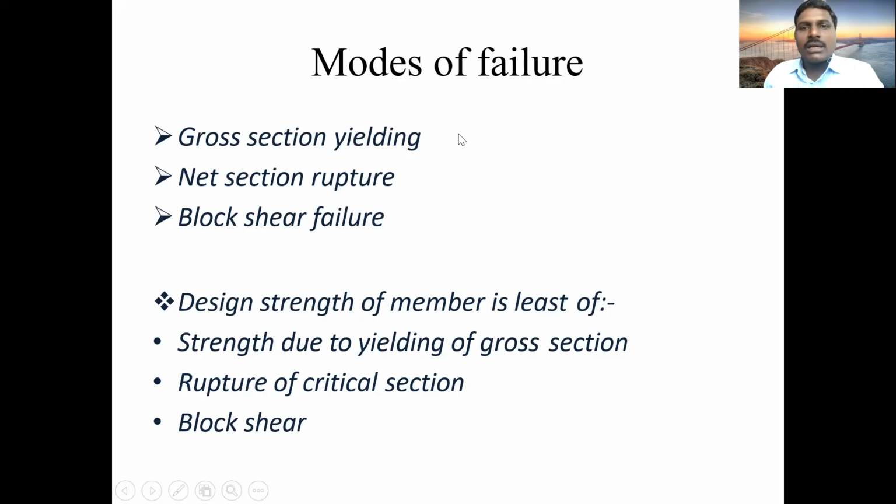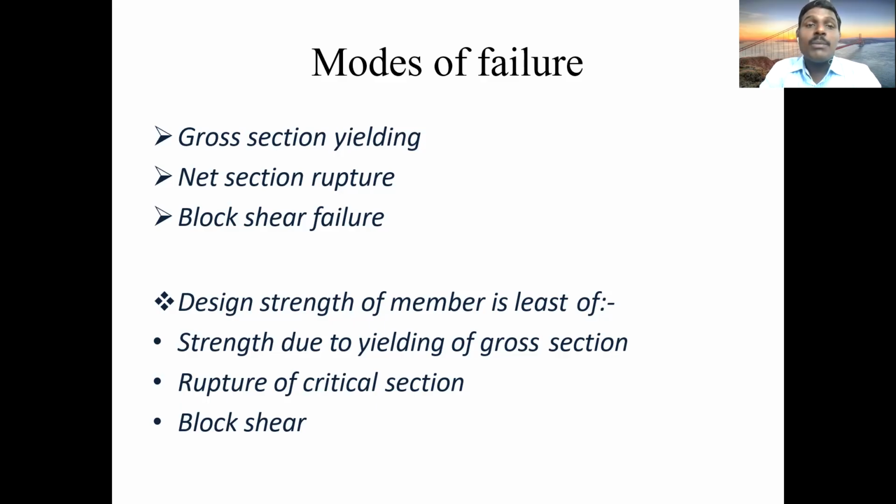Now there are various modes of failure. If we are providing a section, maybe a rod, maybe an angle, maybe a channel, then this member can fail. If more and more load comes, these members can fail.